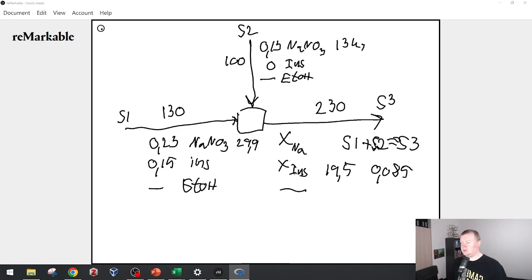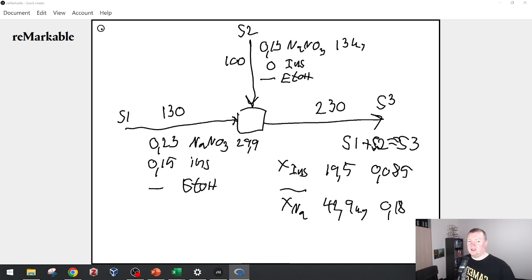So in total, I'll have 42.9 kilograms. And again, 42.9 kilograms divided by 230 gives us 18%.